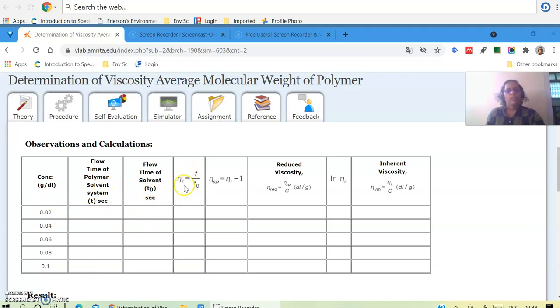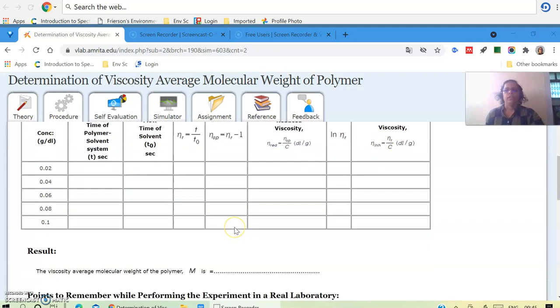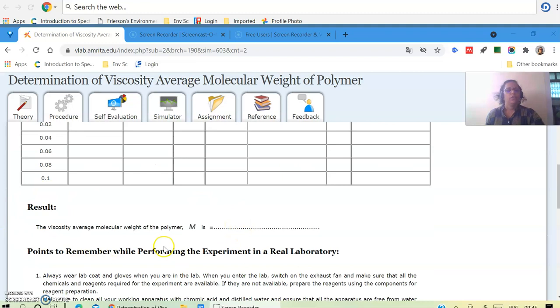Then you will do the calculation of relative viscosity, specific viscosity, reduced viscosity, then find the natural logarithm of the relative viscosity, and then you will plot ln eta r by C versus C, and you will get the intrinsic viscosity. Express your result as the viscosity average molecular weight of the polymer.